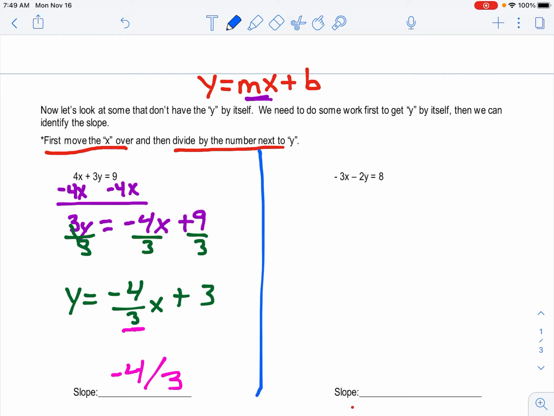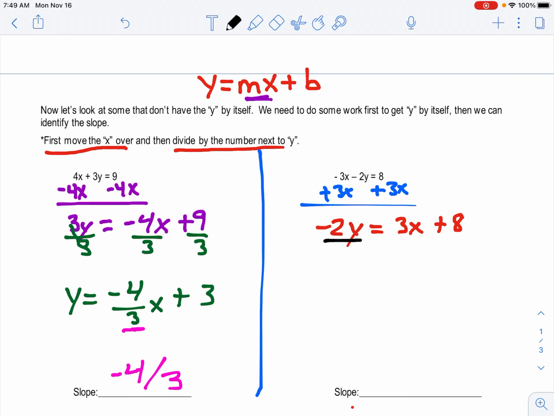I have negative 3x minus 2y equals 8. Let's first move our x over, so I'm going to add 3x to both sides. All right, now I'm left with negative 2y equals, and remember we want to write the x first, so 3x and a positive 8.